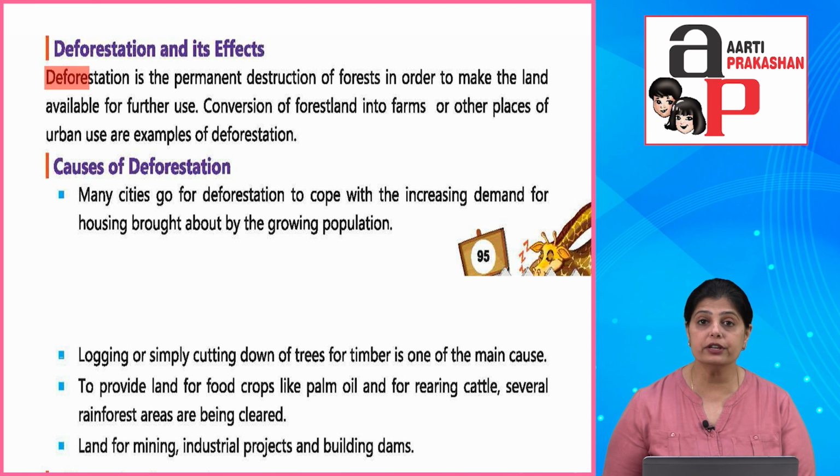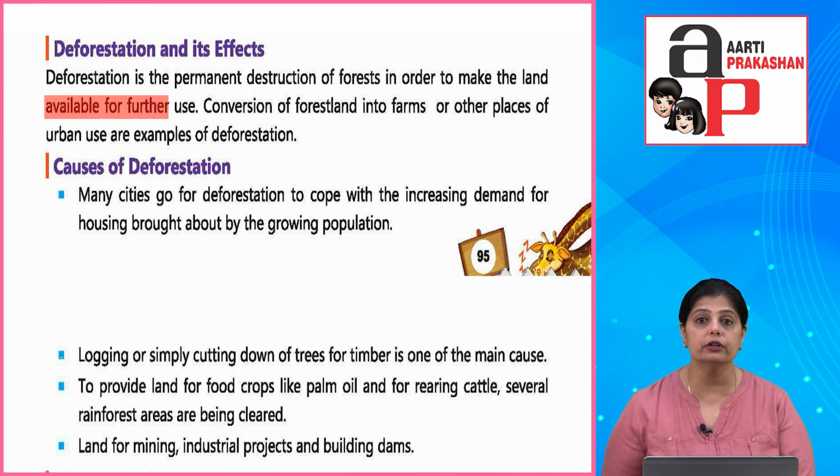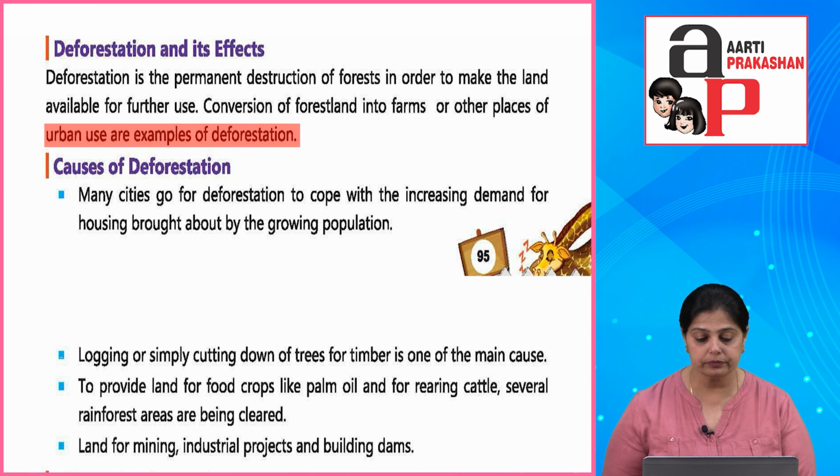Deforestation is the permanent destruction of forest in order to make the land available for further use. So they cut off the forest, they cut off the trees, and then they use the land for building factories, buildings, and so many different things. Conversion of forest land into farms or other places of urban use are examples of deforestation.